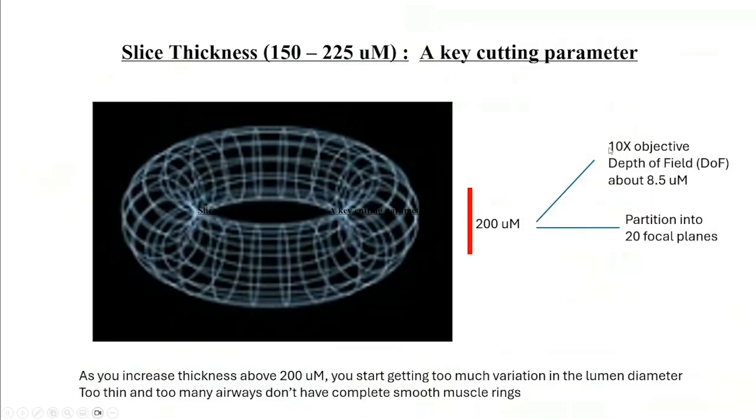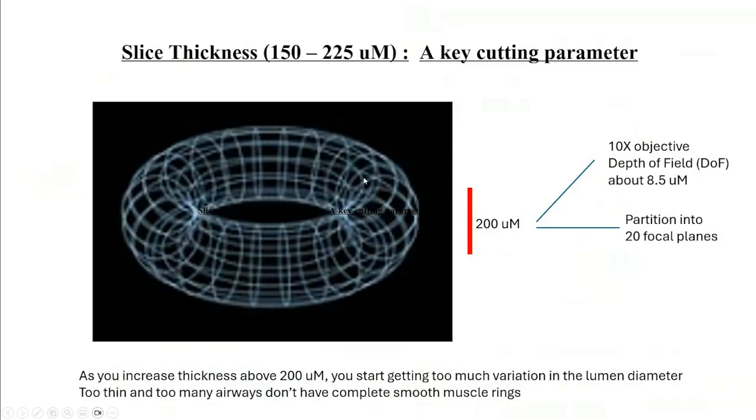Now it's important as you increase the thickness above 150, closer to 200 or 225. Some people can go as high as 300 if they want a really thick slice. What that will do is create an extensive depth of field and numerous focal planes.